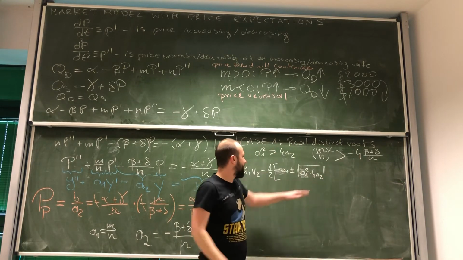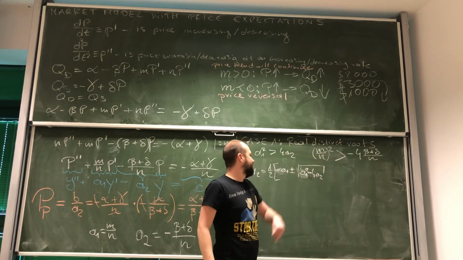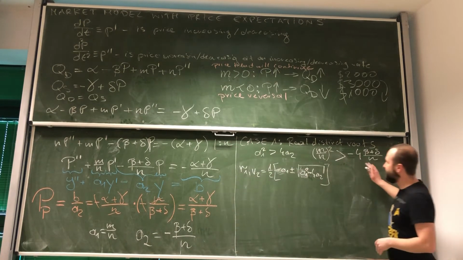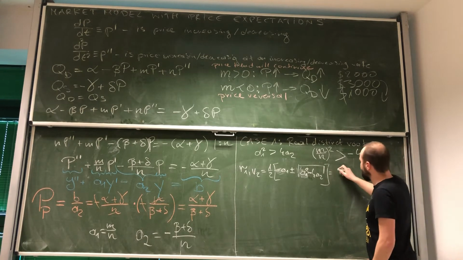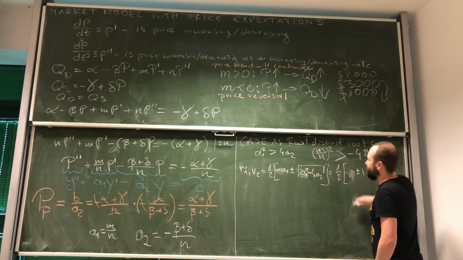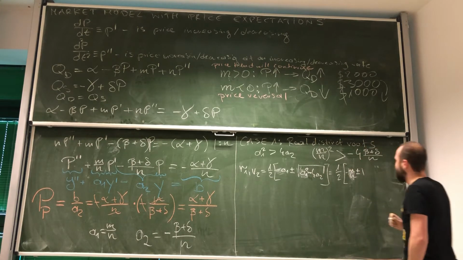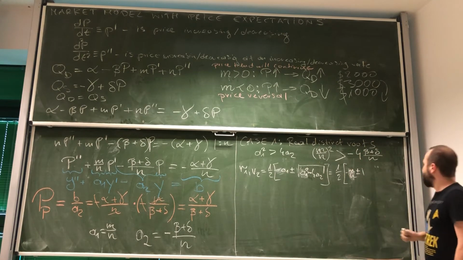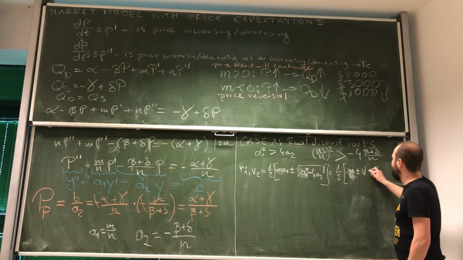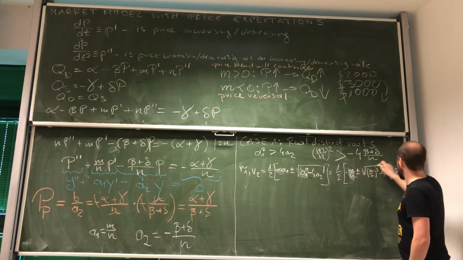We know that this is bigger than 0 because we are assuming this condition is met, and our solutions are 1 over 2 times negative m over n plus minus the square root of m over n squared minus 4 times beta plus delta over n.